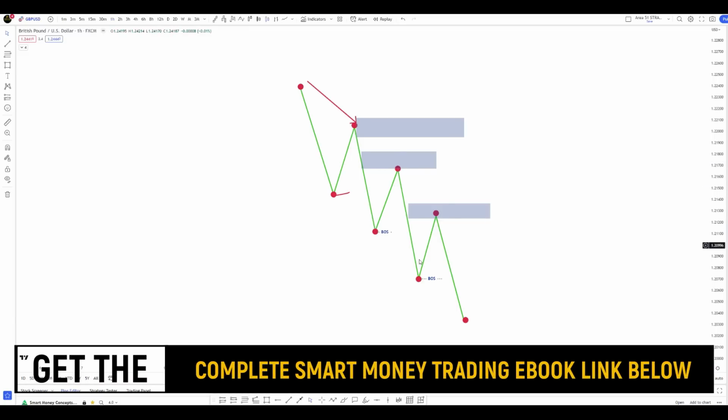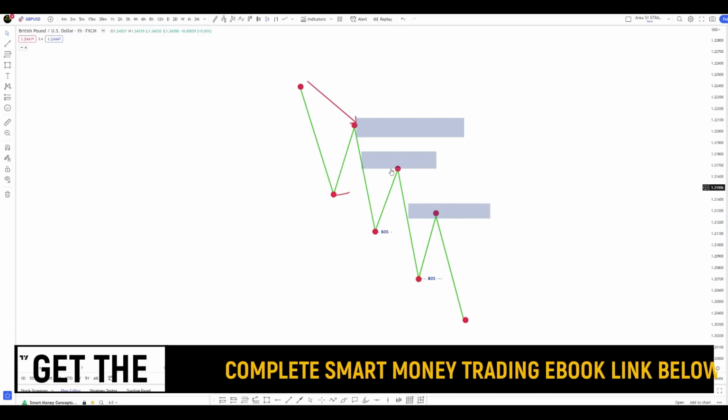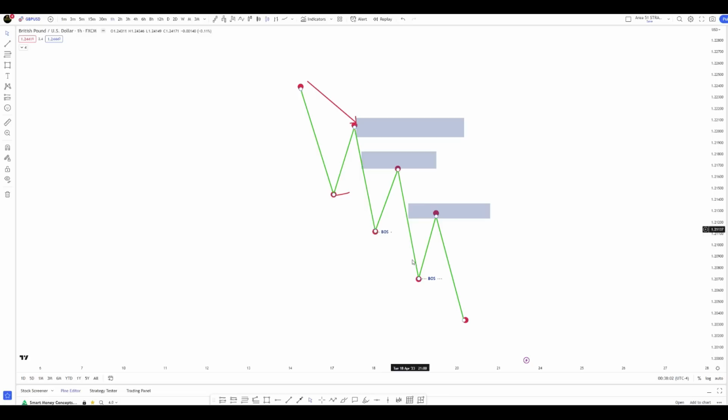So the supply zone that caused this move, that's what you're going to be looking for. So it could be somewhere here, okay? And sometimes it could be somewhere here on the extreme lower high. And then if the price does this, we call this a change of character.